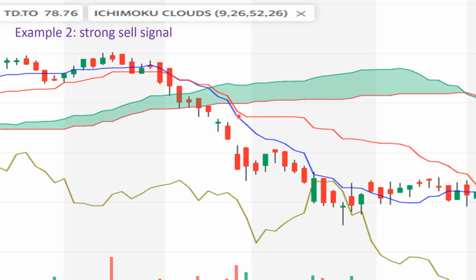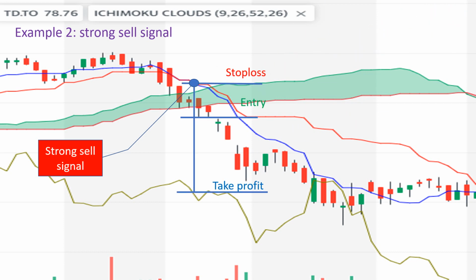Or we can say this is the conversion line, which is below the baseline, and the price is above the lagging span. So it generates a strong sell signal. I show you how I enter the trade. This is how I would do my entry, stop loss, and take profit.